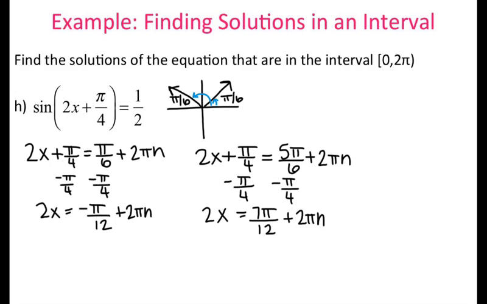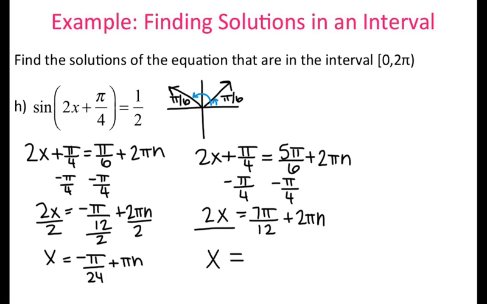And now I'm going to divide everything by 2. So I have x equals negative pi over 24 plus pi n. And then this one I have x equals, oh, forgot to divide by 2. I have 7 pi over 24 plus pi n.